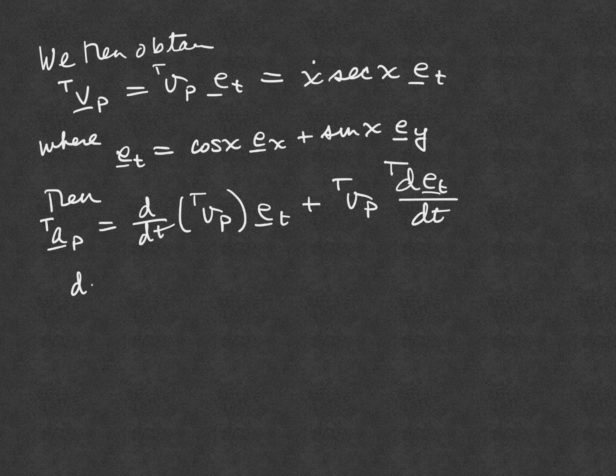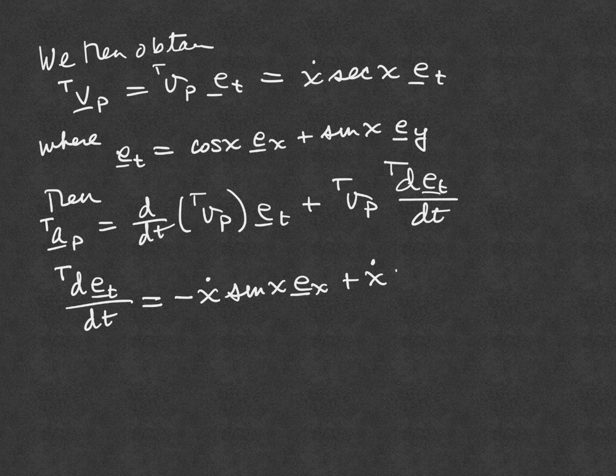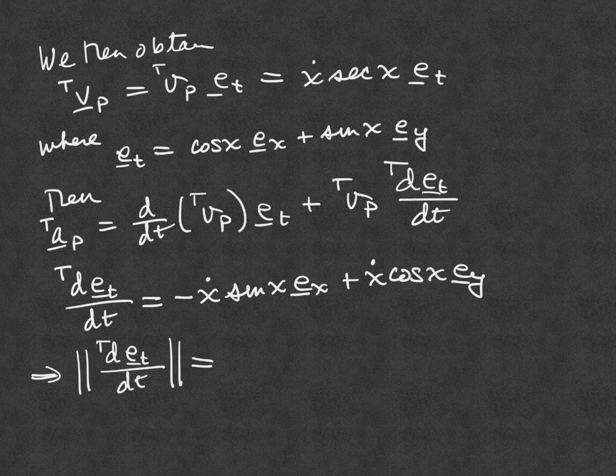So the rate of change of the tangent vector, as viewed by an observer fixed to the track, because ex and ey are fixed to the track, is equal to minus x dot sine x ex plus x dot cosine x ey, which implies that the magnitude of the rate of change of the tangent vector is just equal to the absolute value of x dot times what's left over.